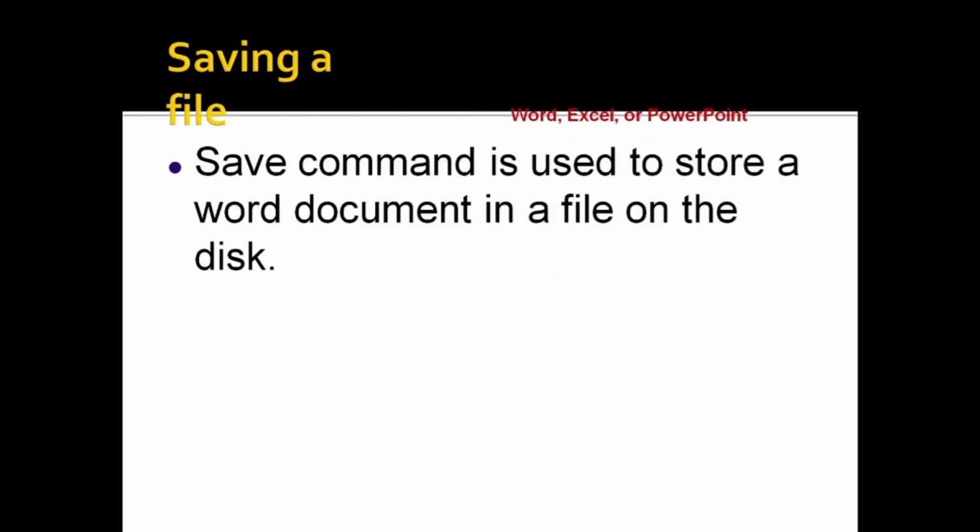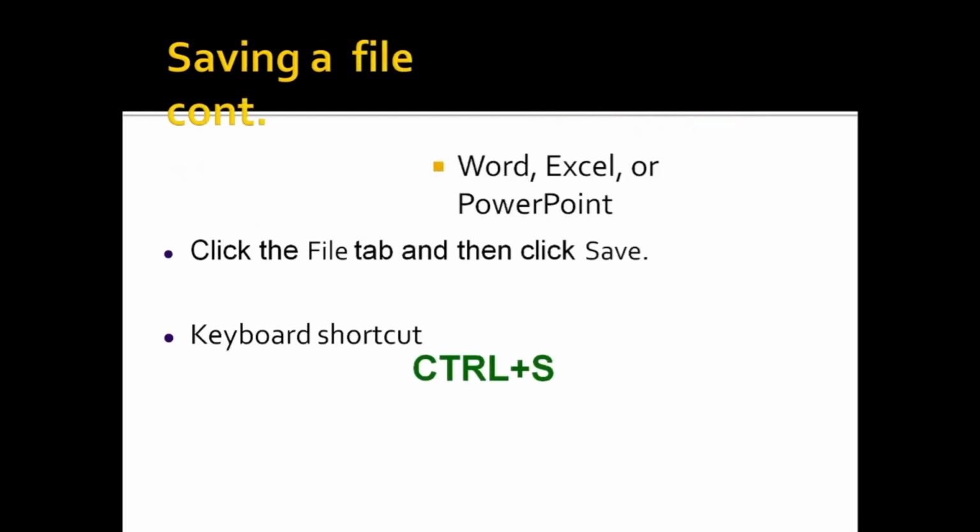After that, how to save a file? So save command is used to save a file, or you can use the shortcut key Ctrl+S to save a file. Okay, now the next is, if you save any file with Ctrl+S shortcut key or by clicking on the file menu, your file must be saved with a file extension, that defines the file type of your file.